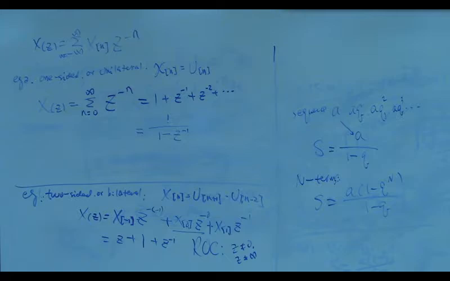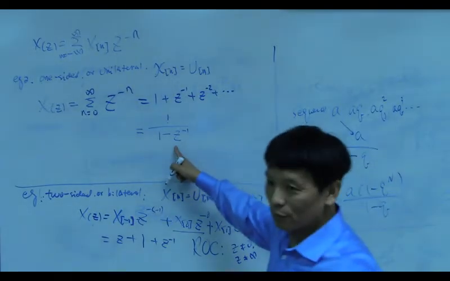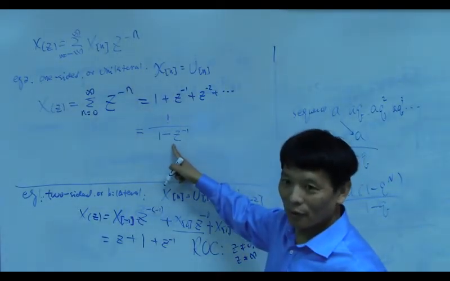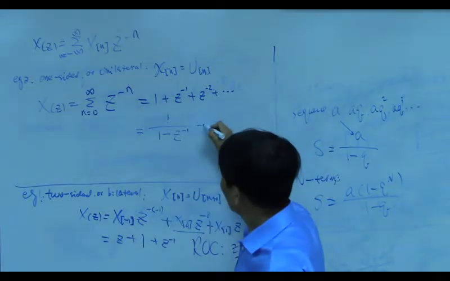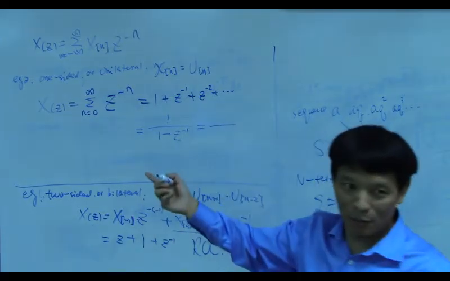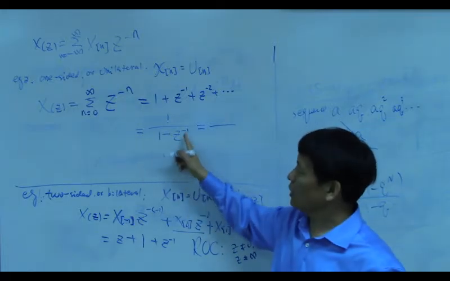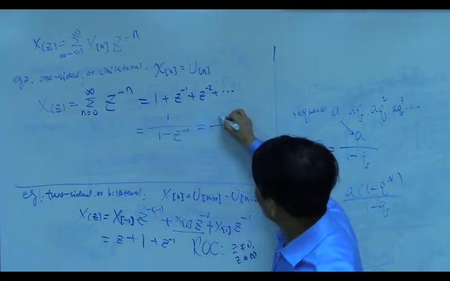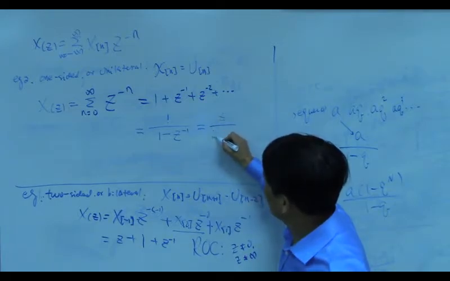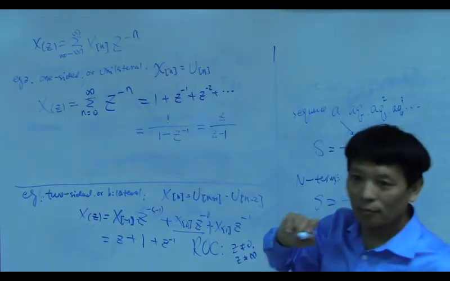Can you tell me what is the region of convergence? Alright, that's not easy to see, right? Okay, let's simplify this. I multiply by z on the top and the bottom. That's okay, right? So on the top that will be z, on the bottom that will be z minus 1.